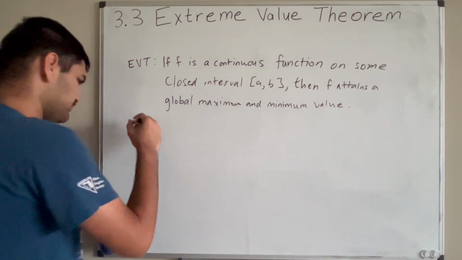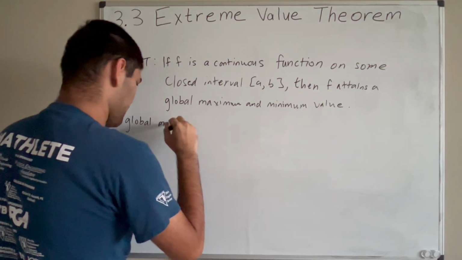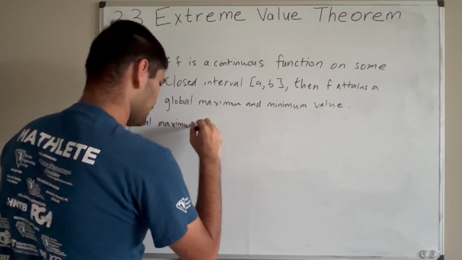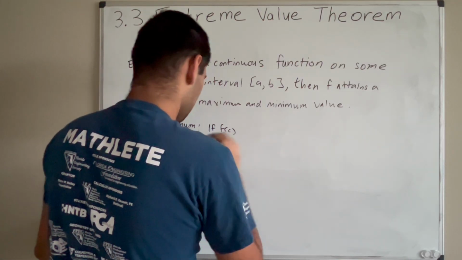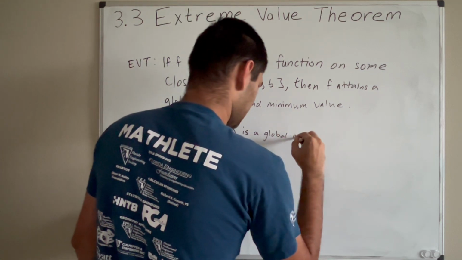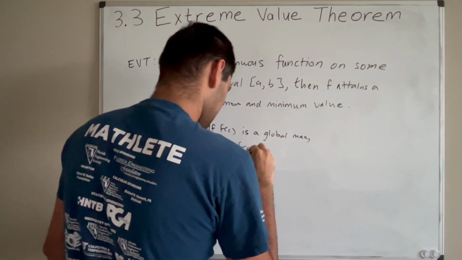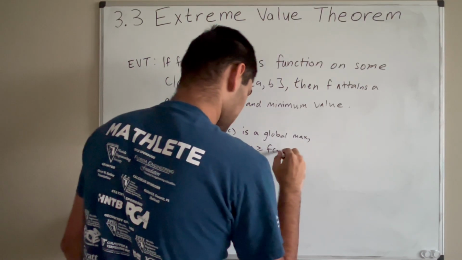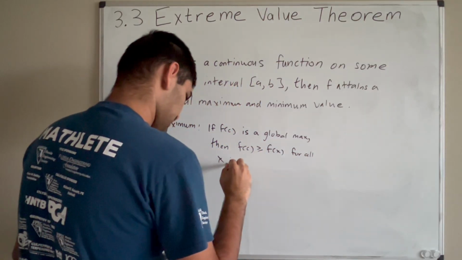For example, the semi-formal definition of a global maximum is: if f of c is a global max, then f of c is greater than or equal to f of x for all x in a to b.